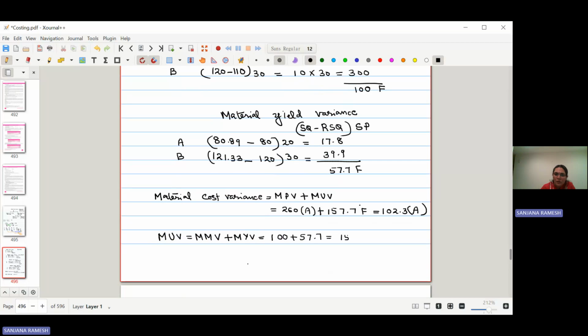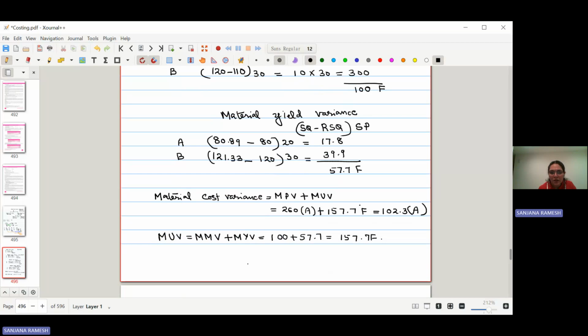So total will be 157.7 favorable. Okay, we got the material usage variance as 157.7, and the material mix variance and material yield variance total is also equal to 157.7. So that is the reconciliation. So all the cost variances we can reconcile after getting each of the variances.